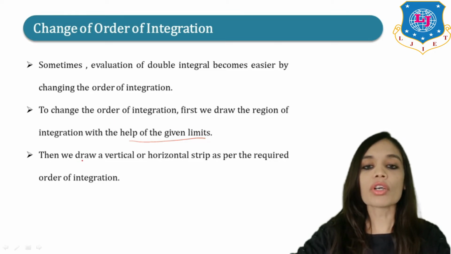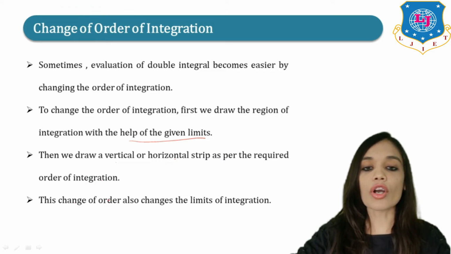Then what we will do? We will draw our vertical or horizontal strip as per the required order of integration, right? And on changing the order of integration, the limits of integration will also change.